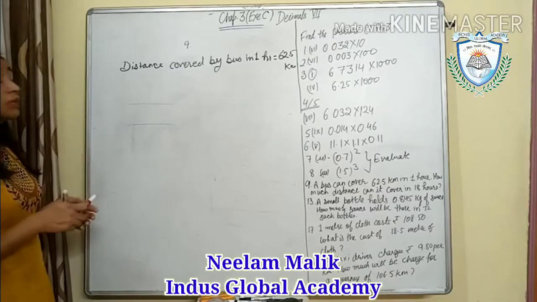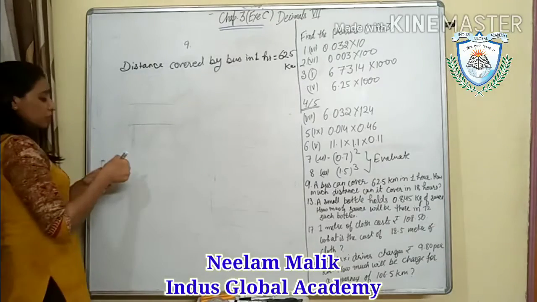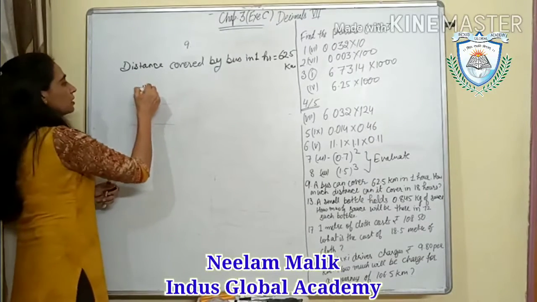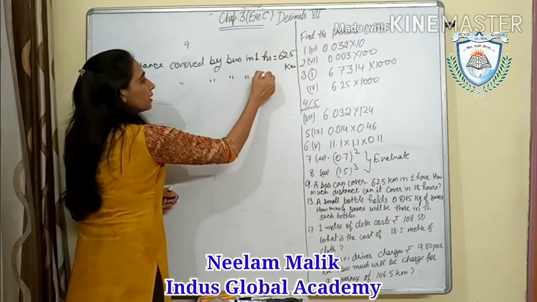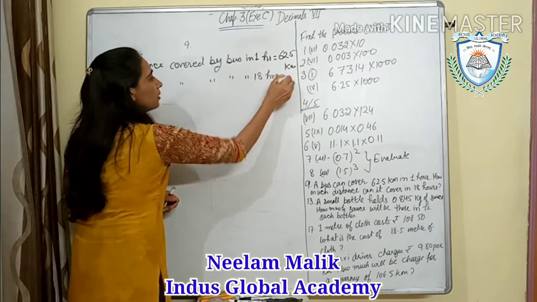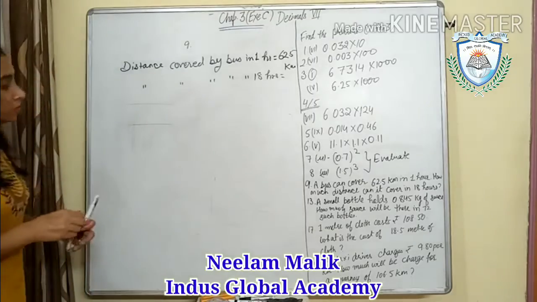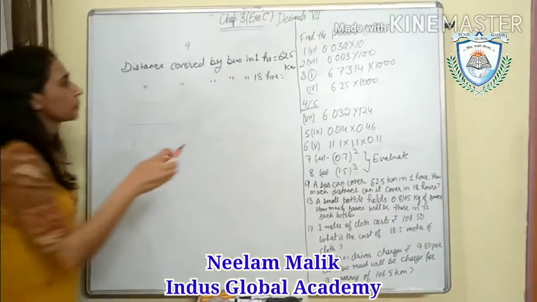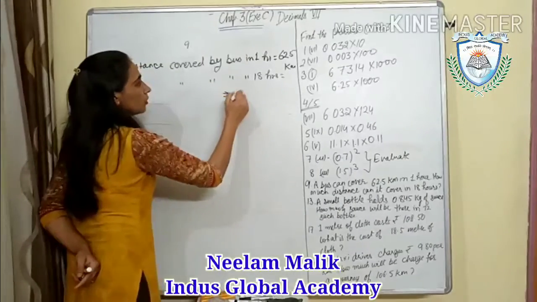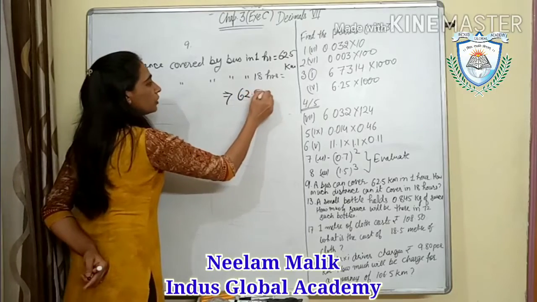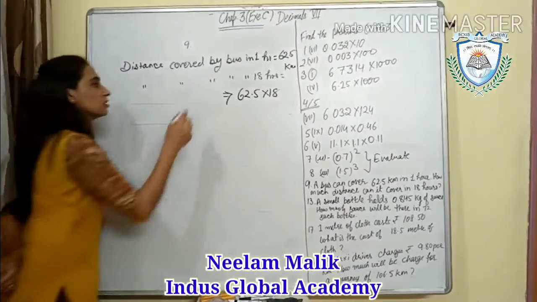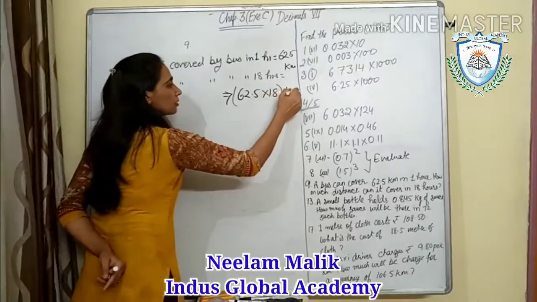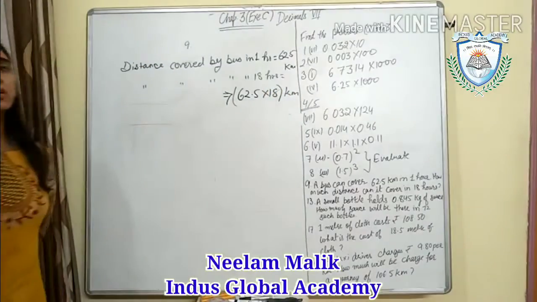Now we will find out the distance covered by bus in 18 hours. So what will that be? 62.5 into 18. It will be our distance and this will be in kilometer. So from this you will get your answer.